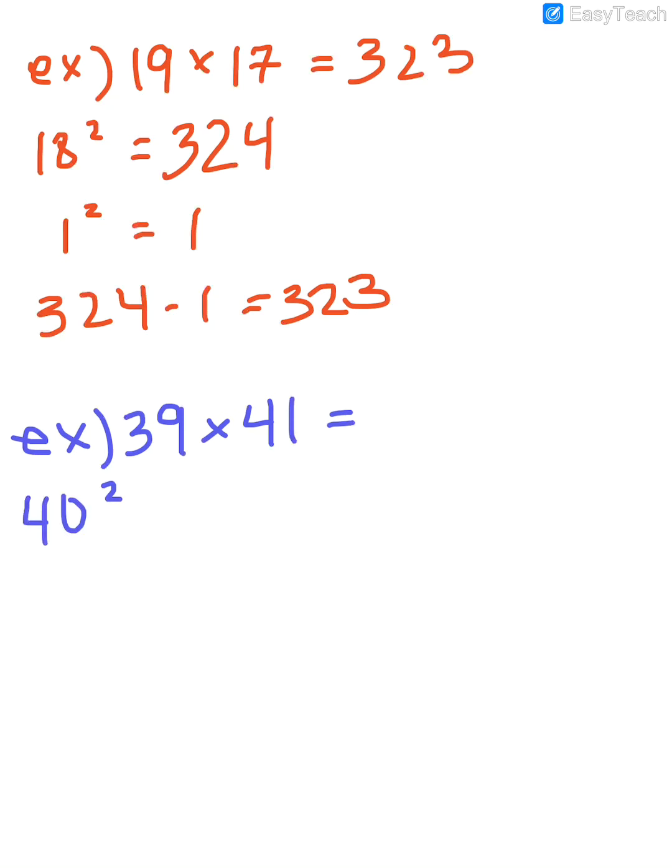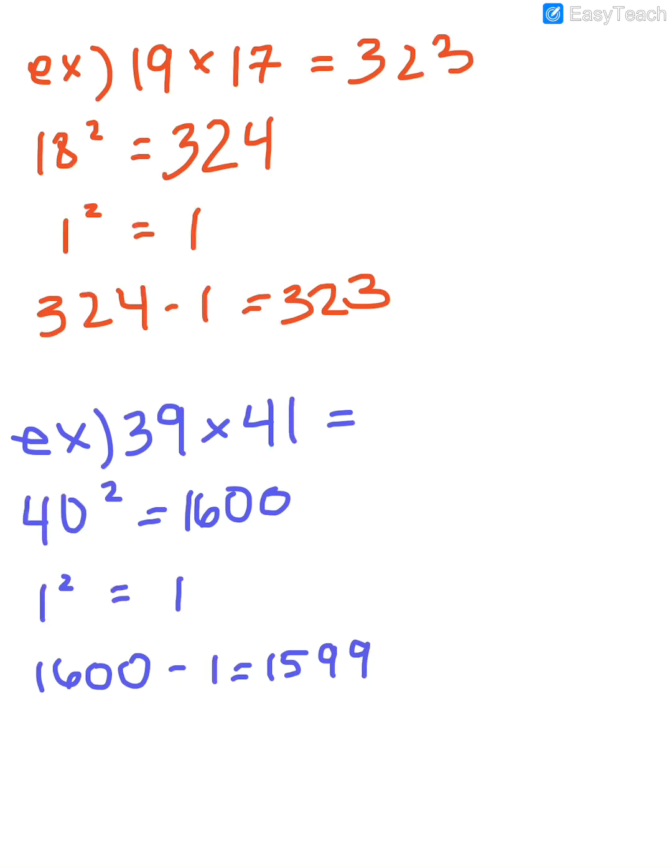So you're going to square that, which is 1600. And then 40 is 1 away from both 39 and 41, so you're going to do 1 squared, and that's equal to 1. So you're going to do 1600 minus 1, which is 1599. And that is your answer.